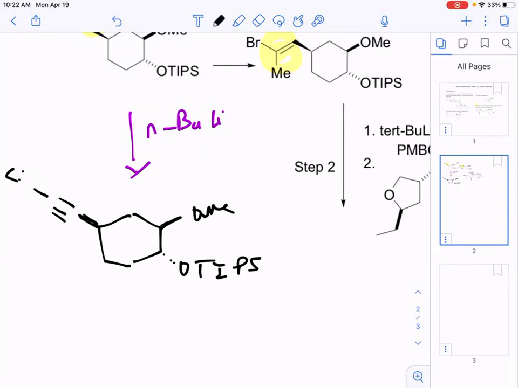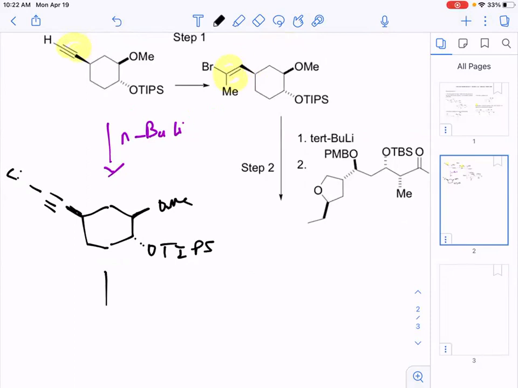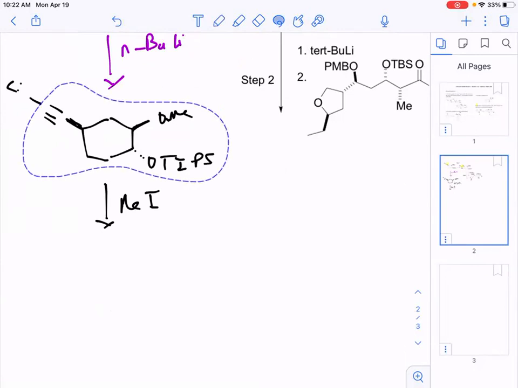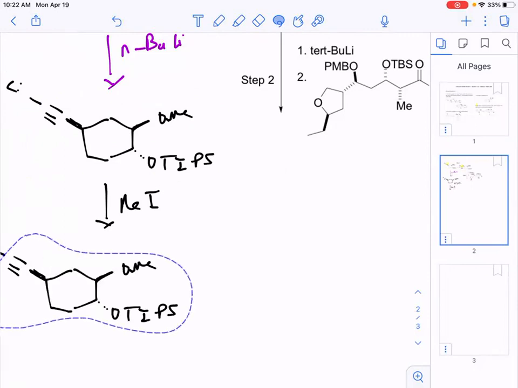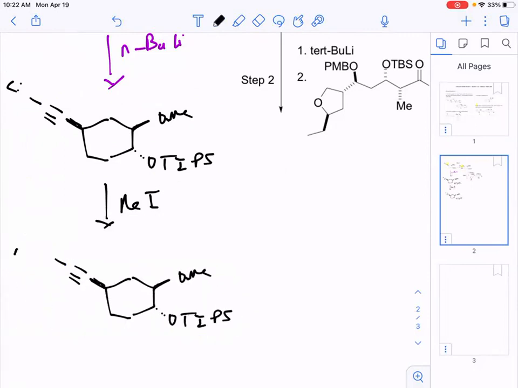Just adding in methyl iodide or some other methyl electrophile. So if you treat that with methyl iodide, it's going to give you this with a methyl group attached.